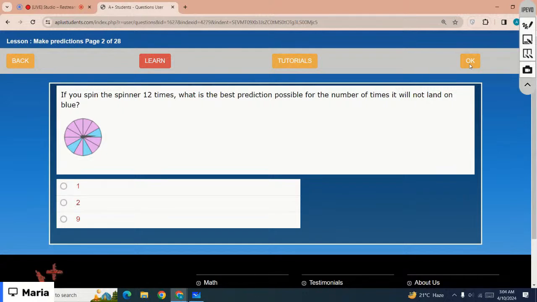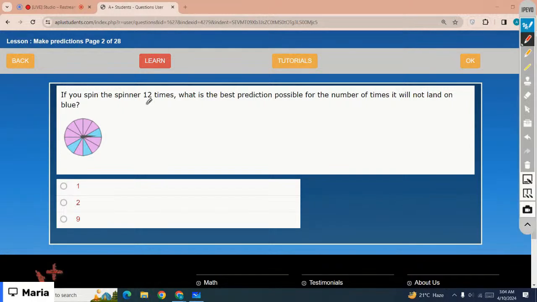If you spin the spinner 12 times, what is the best prediction possible for the number of times it will not land on blue? Let's see, not land on blue. The probability of not landing on blue means it will land on pink, right? You have 1, 2, 3, 4, 5, 6, 7, 8, 9 out of 12 are the ones where it will not land on blue, right?